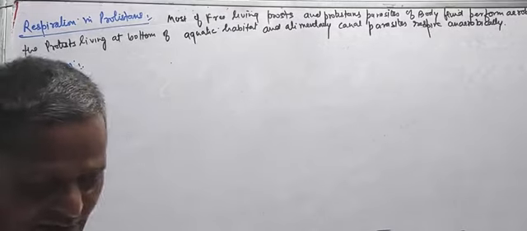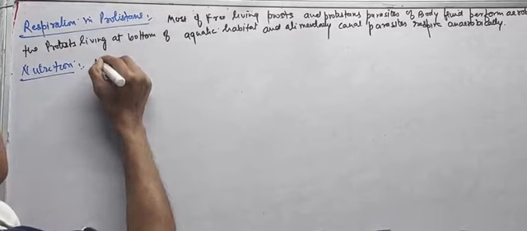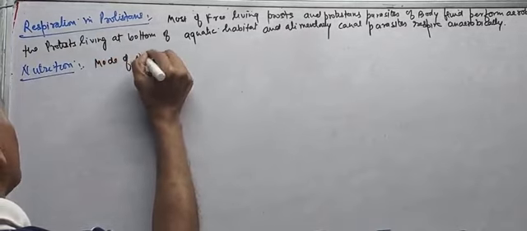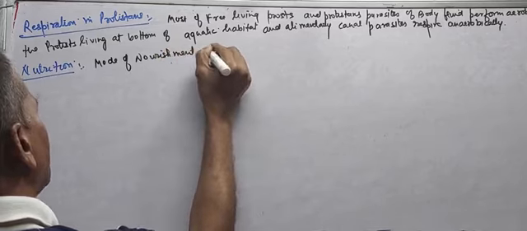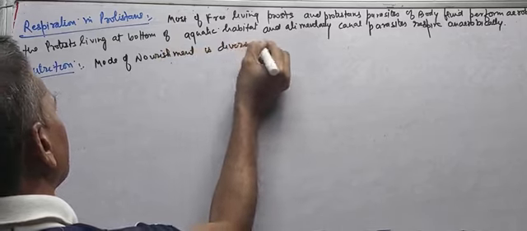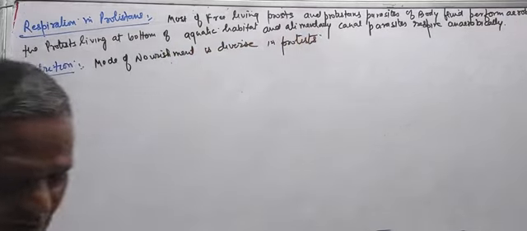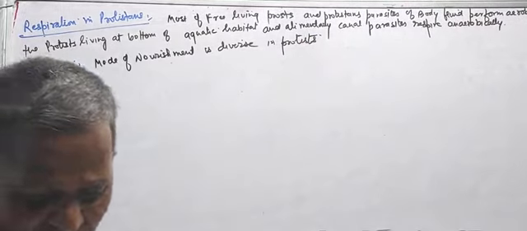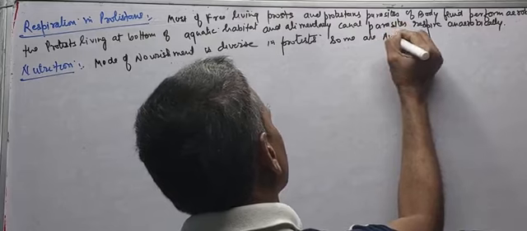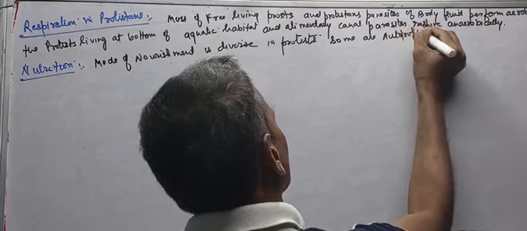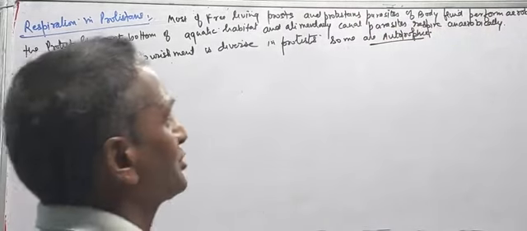Now we will see nutrition. Mode of nourishment is diverse in protists. Some are autotrophic; they perform photosynthesis.